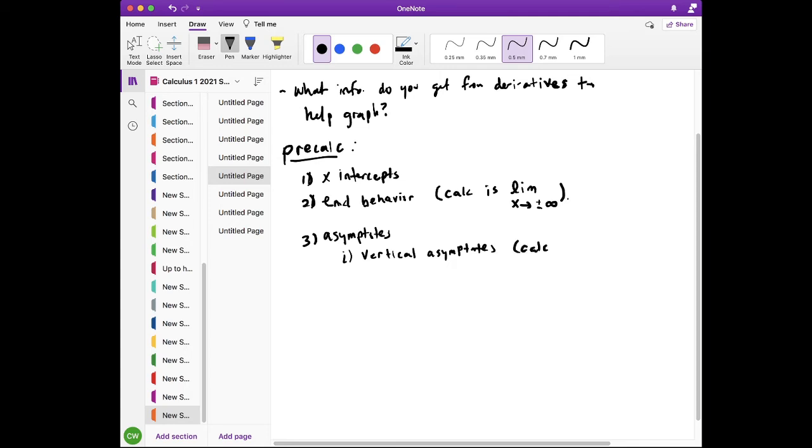What's a vertical asymptote in calc? Not where the derivative does not exist. That's where the derivative does not exist, but that's not a vertical asymptote. It's a different type of DNE, but not about the derivative. Yeah, it's a limit. And what particular type of DNE is it? Not all DNEs are vertical asymptotes.